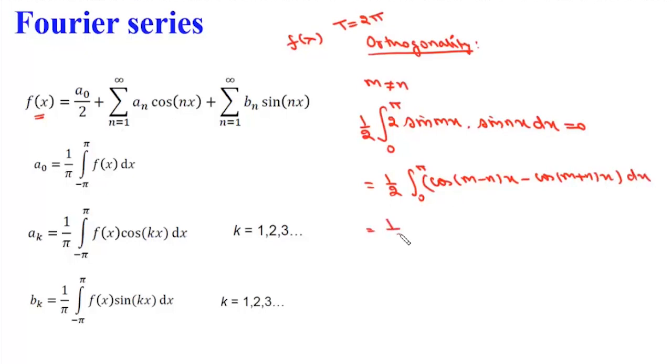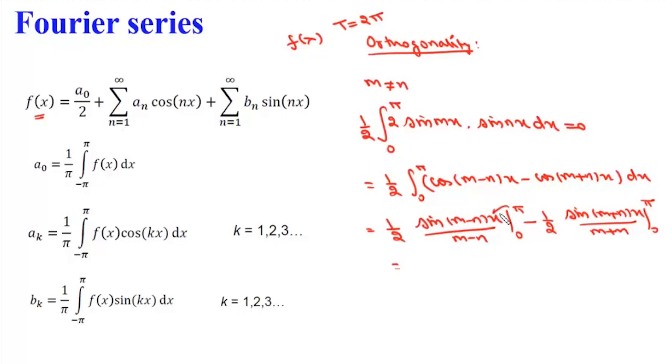Now if we integrate these cosine functions, we'll get sin (m minus n)x upon m minus n from 0 to pi, and then minus 1 by 2 sin (m plus n)x upon m plus n from 0 to pi. Now sin of an integral multiple of pi will be 0 and sin 0 will also be 0. So this expression is 0 and this expression is also 0. So this integral of sin mx into sin nx whenever m is unequal to n will always be 0.